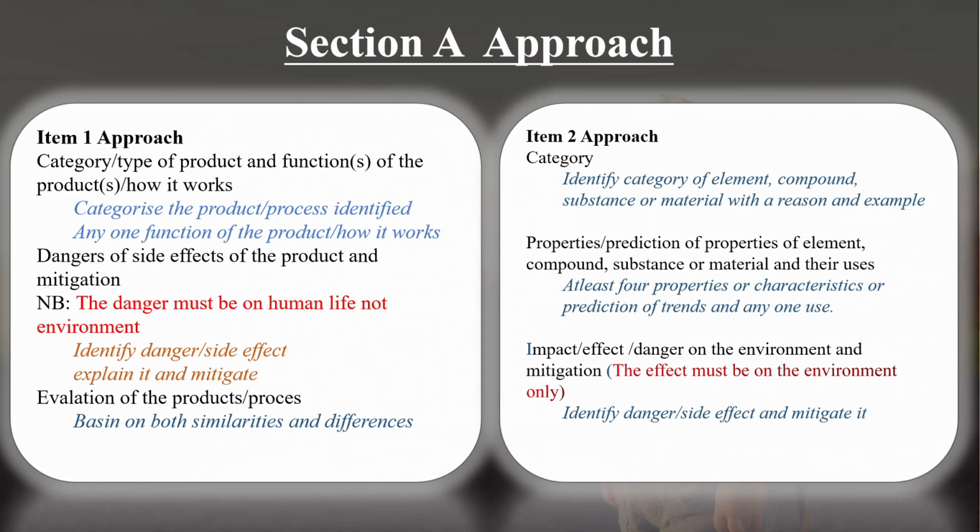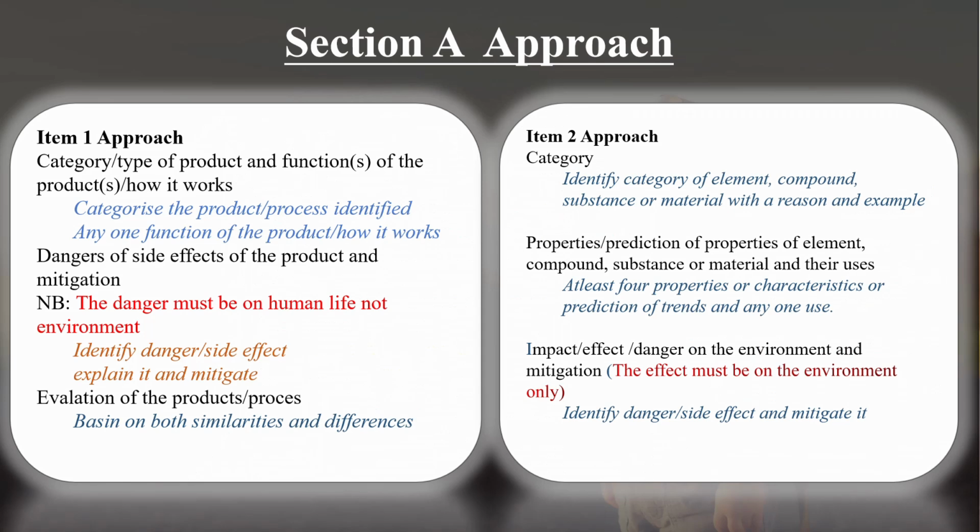After categorizing, what else do you do? You need to identify the danger or the side effect of the product or the process, and the mitigation. This danger must be on human life, not the environment. Identify the danger, explain that danger on human life, and mitigate the danger.